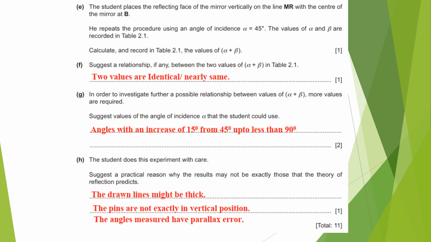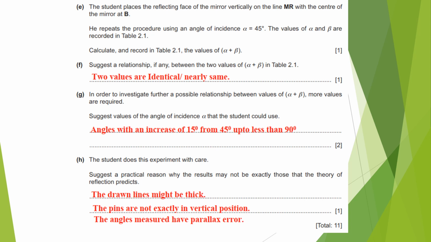In these light related questions, a reason for inaccuracy is that the pencil lines we have drawn might be very thick. The pencil line should be as thin as possible. The pins should be placed vertically, and the pins should also be as thin as possible. We should not take thick pins.